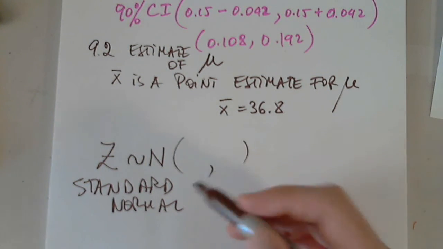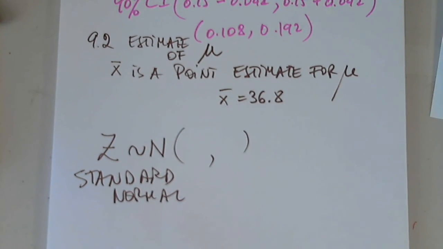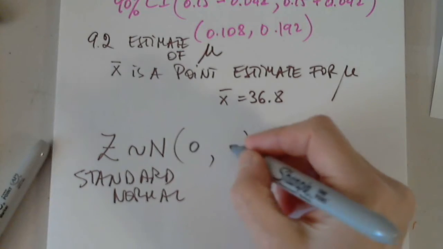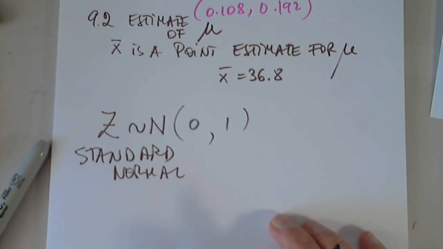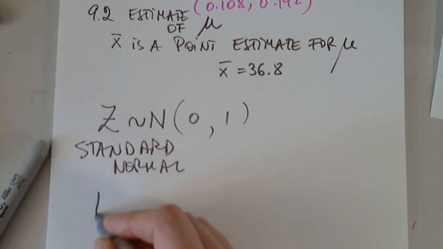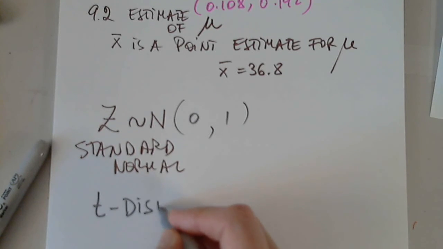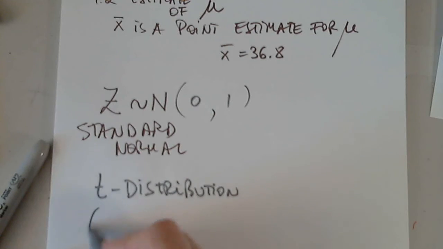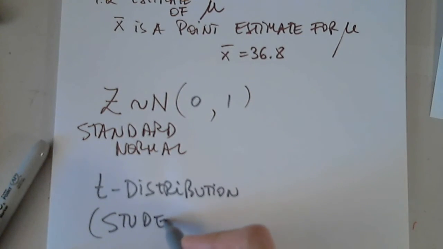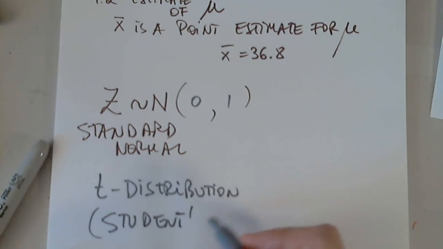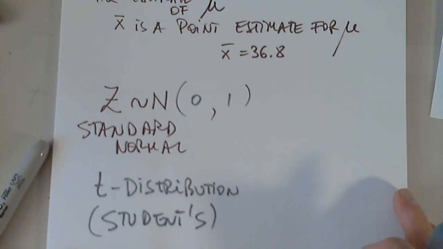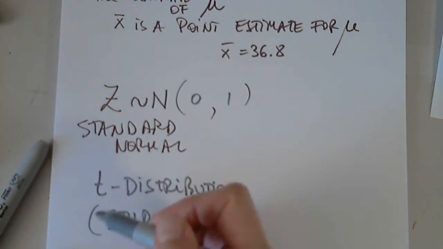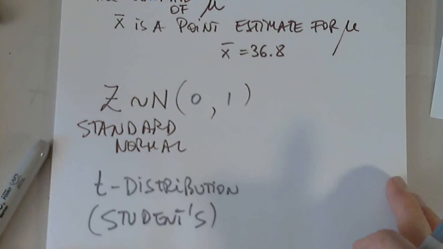Does anyone remember the mean and the standard deviation for Z? 0, 1. Very good. There is also a distribution that is called the T distribution, also called Student's T. The person who invented it didn't want to use his name, so he called it the Student's T distribution.